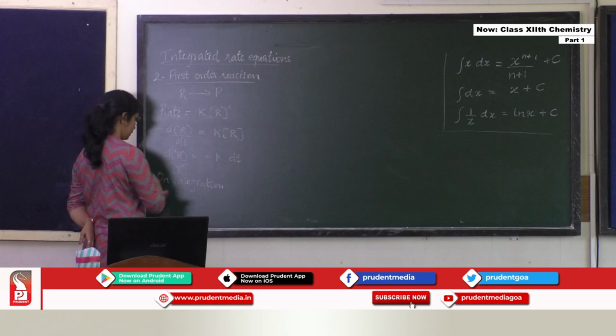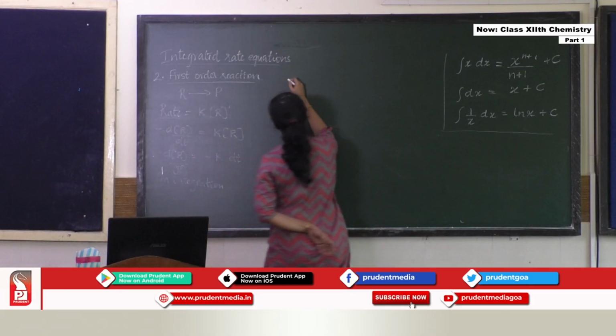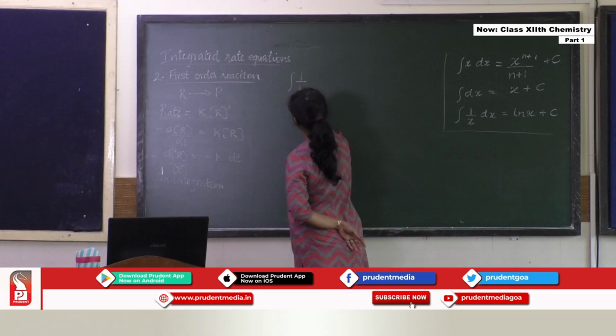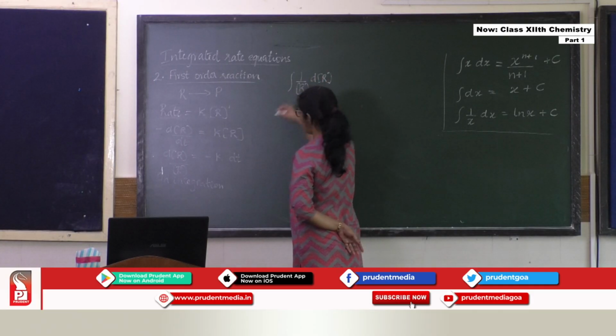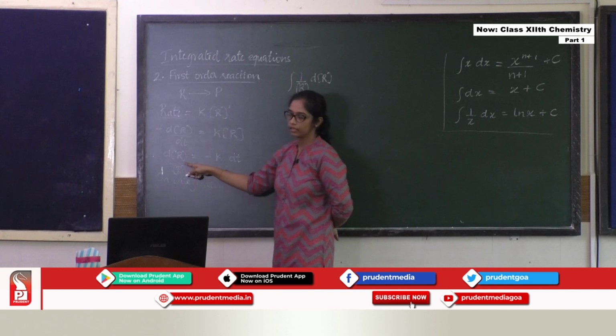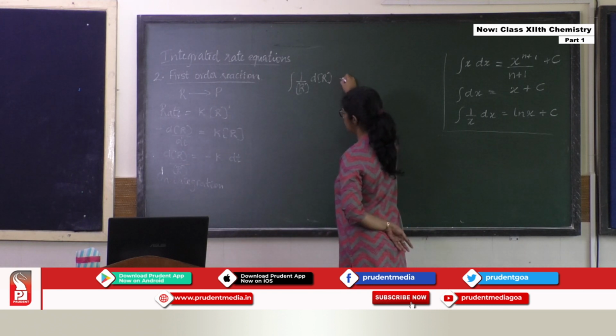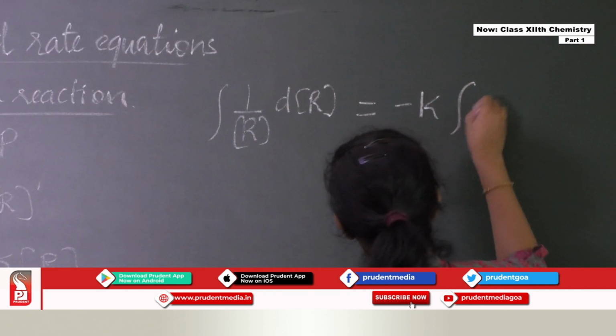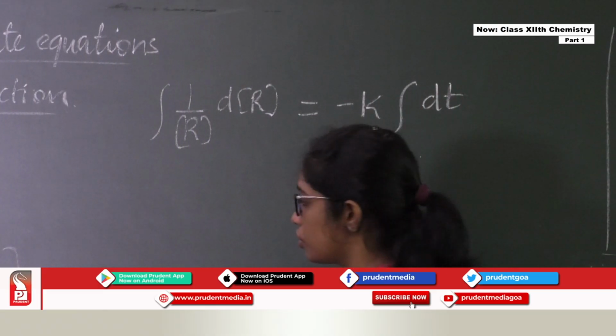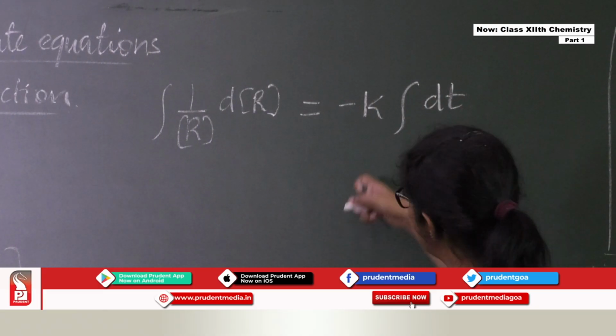we find that the integral of 1 by R dR, I have just written it as 1 upon R dR, it is the same as dR by R, is equal to minus K integral dt. K is a constant, again we do not integrate a constant here.